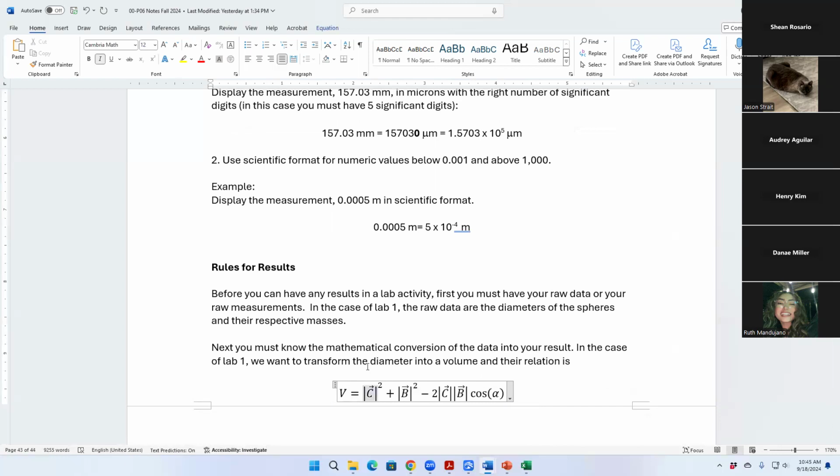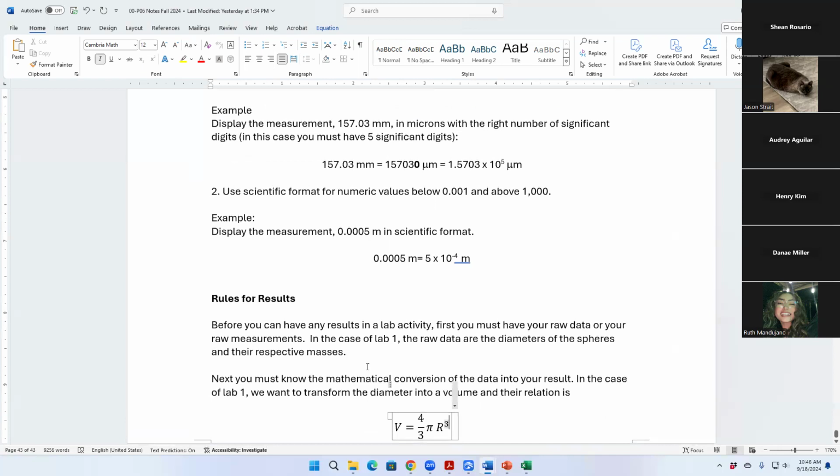Volume is 4/3 of pi r cubed. That's the formula for the volume, right? And I'm writing that down in terms of the radius. And then I have to write that down in terms of the diameter.